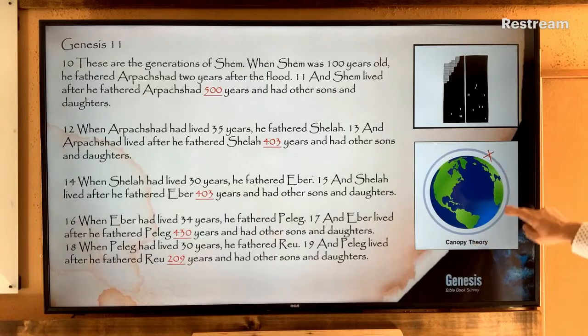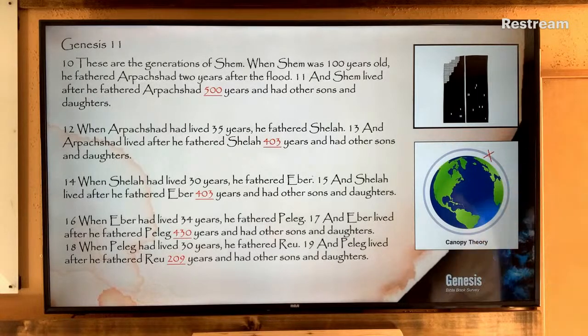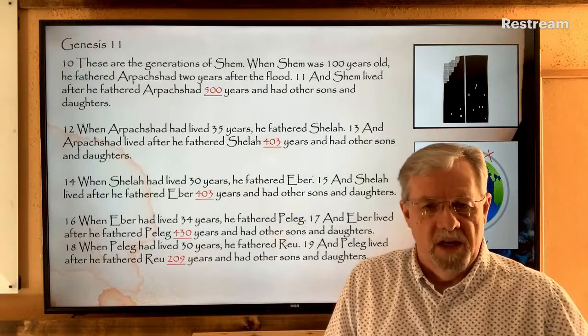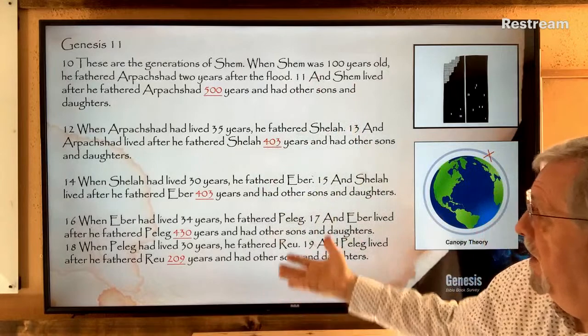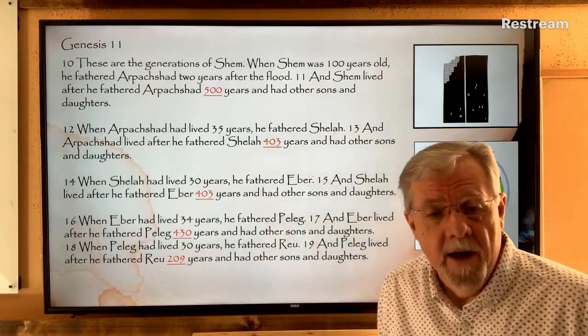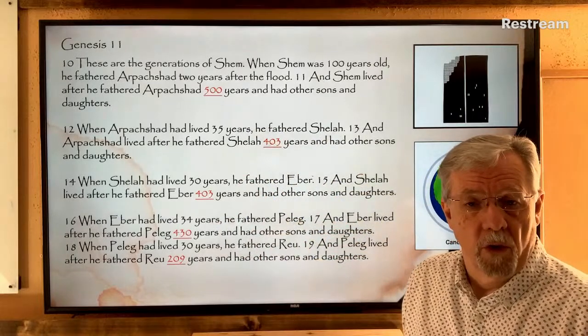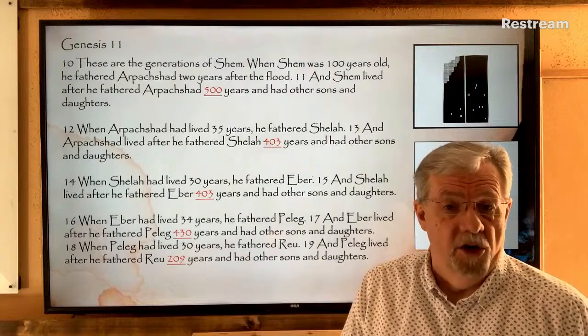Well, if you remove that, and we did at the flood, because remember the water comes from the top and from the bottom, then all of a sudden we're going to have the ultraviolet rays of the sun getting through, and we're going to see aging take place. Well, it seems pretty apparent to me that as you see the generations play out here, aging is going to happen. Remember, pre-flood, they're living up to over 900 years.